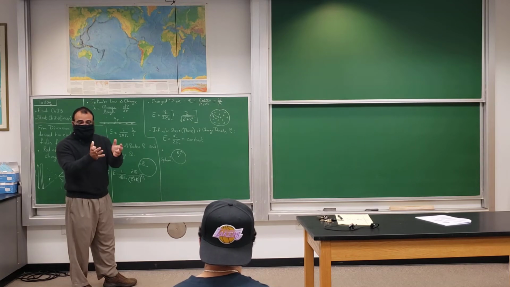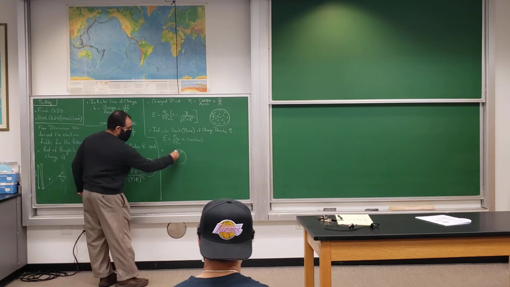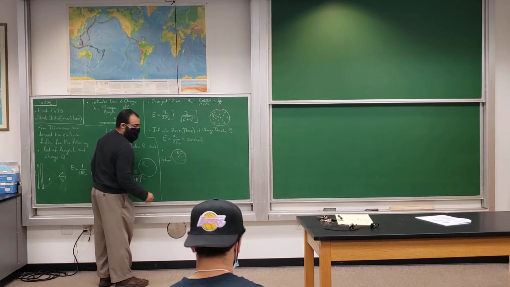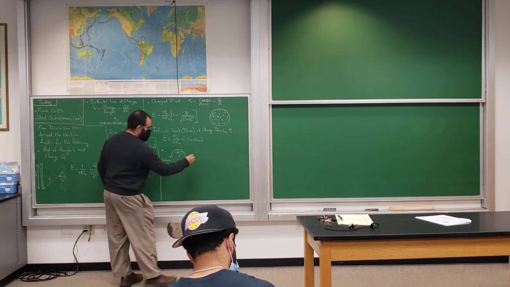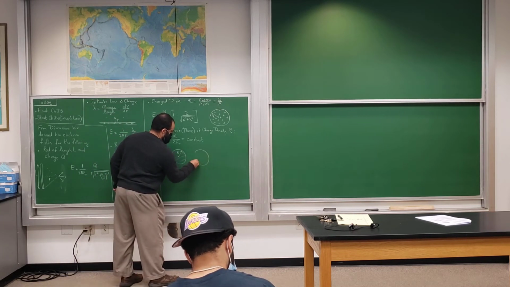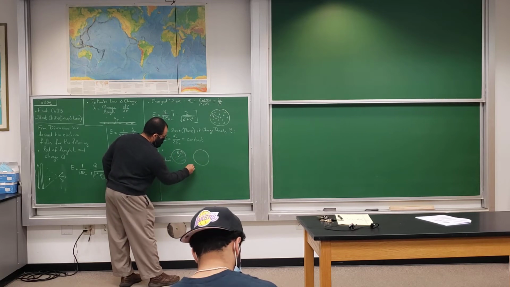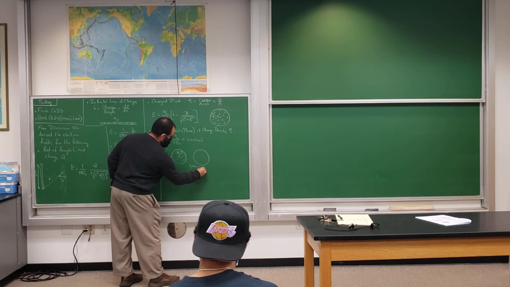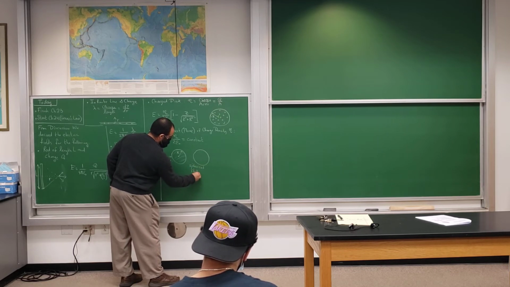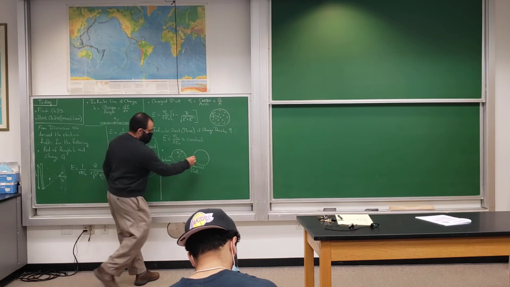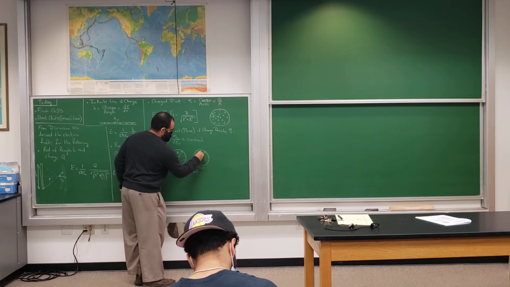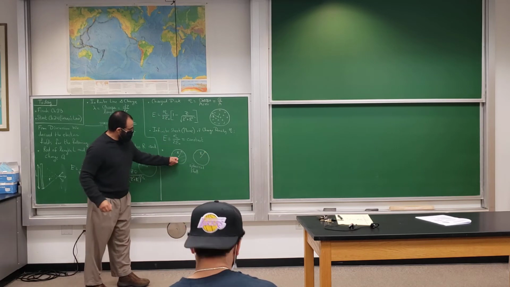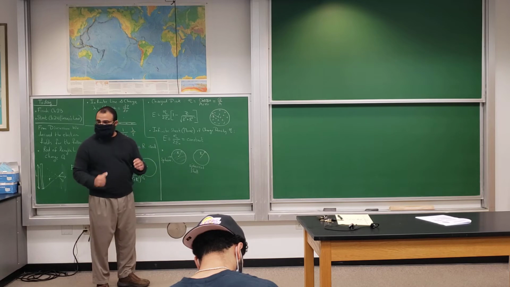It's a ball and there's charge everywhere within the ball. It's a solid ball, or a spherical shell. It doesn't matter if it's radius R, as long as the charge here or here is capital Q, the total charge.